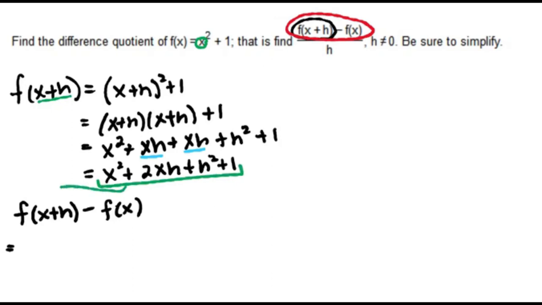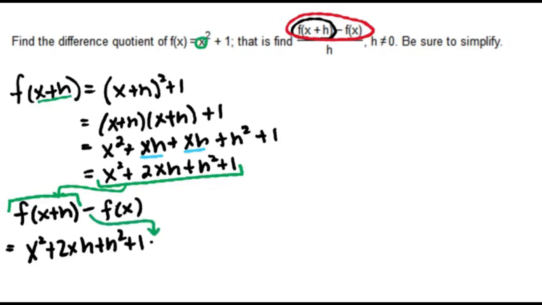And so I'm going to carry that down and replace f of x plus h with that expression. So we have x squared plus 2xh plus h squared plus 1. So then I want to carry this minus sign down. And I want to subtract f of x.